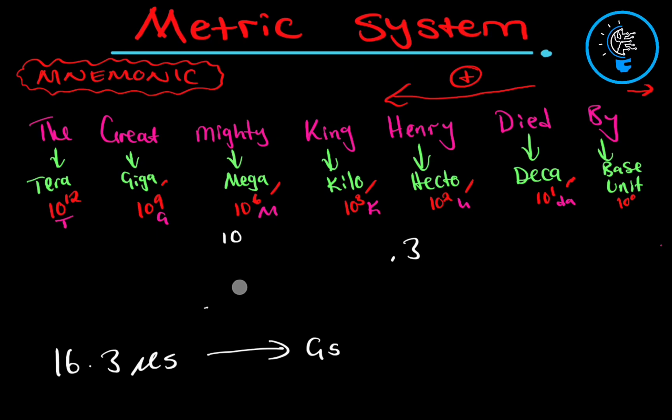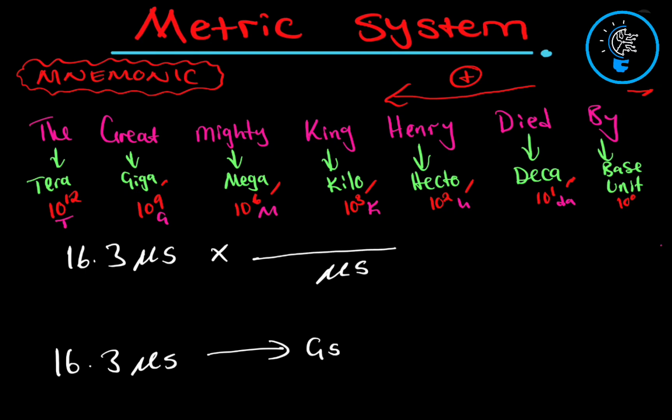Okay, let me wrap this part so that we can do our math. So you're saying 16.3 microseconds will be multiplied by our microseconds at the bottom, and we know that in 1 microsecond we have 10 to the power -6 seconds.